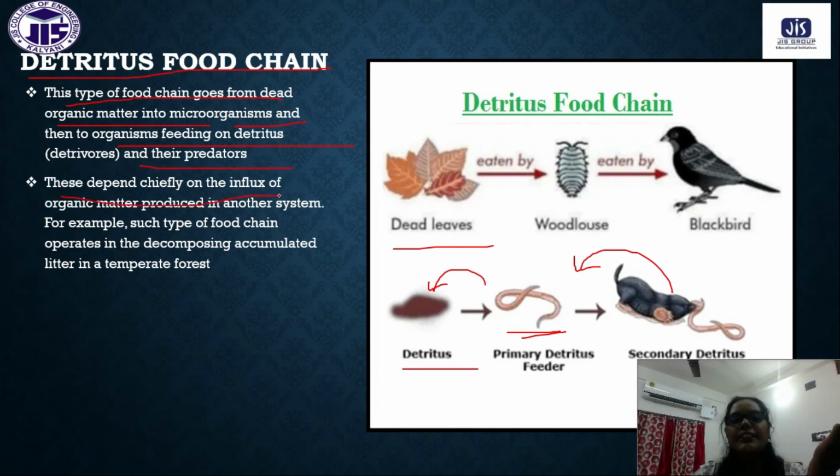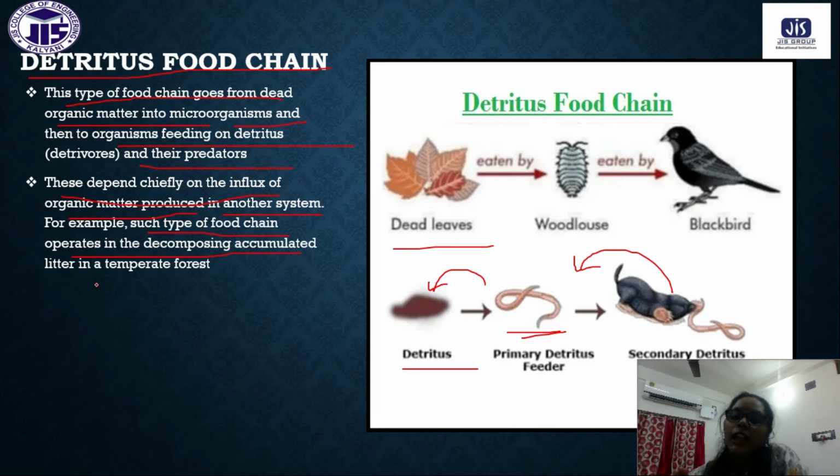These depend chiefly on the influx of organic matter produced in another system. For example, such a food chain operates in the decomposing accumulated litter in a temperate forest. So these are the differences between the grazing and detritus food chains.